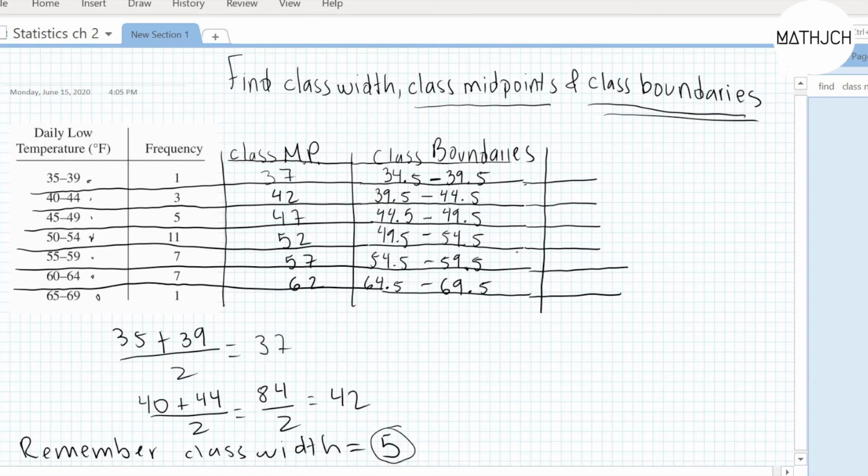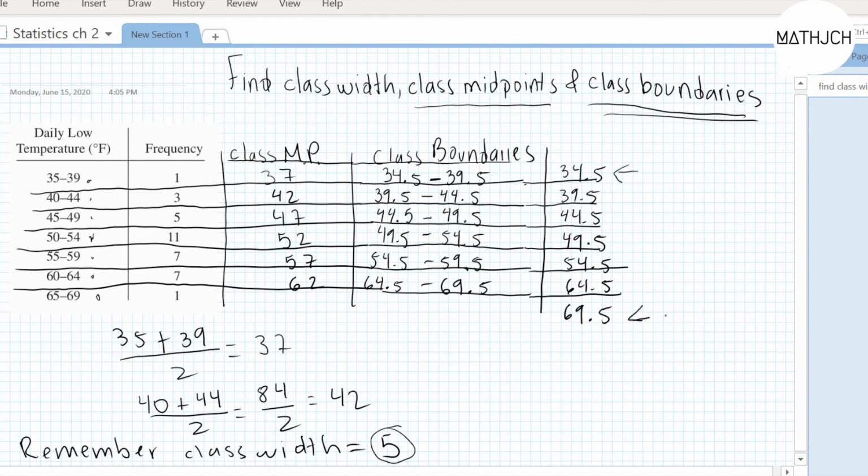So our class boundaries will be: you start from 34.5, and then you keep going 39.5, and so on. You could put the last one or you don't, it's up to you, but you could just add 69.5 at the end. Those are the class boundaries.